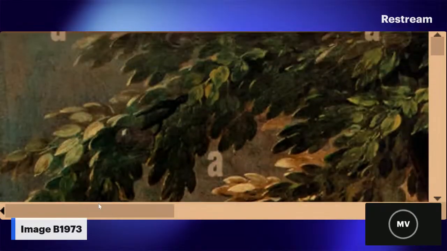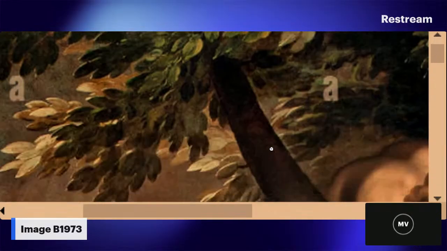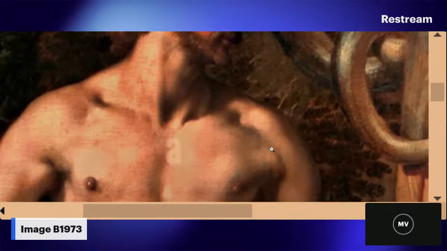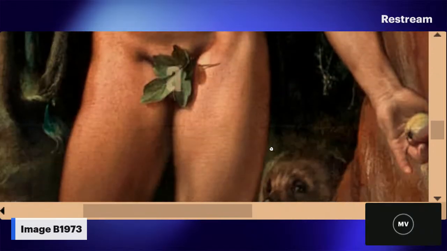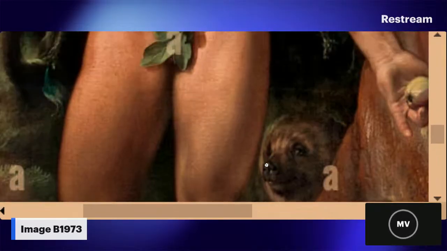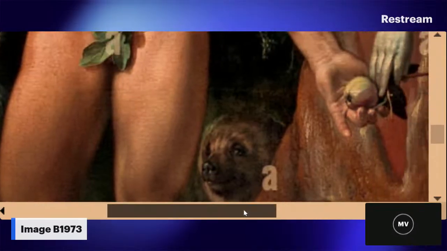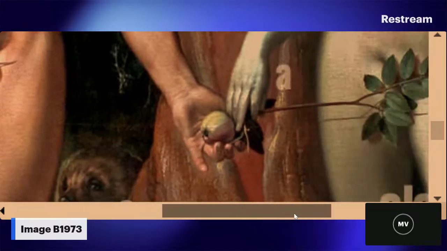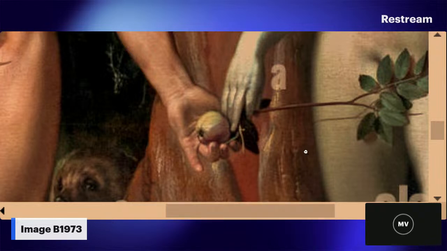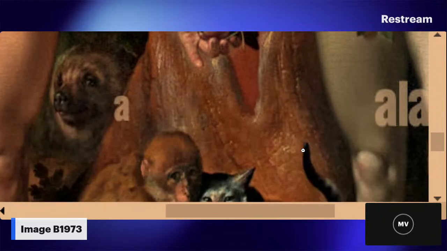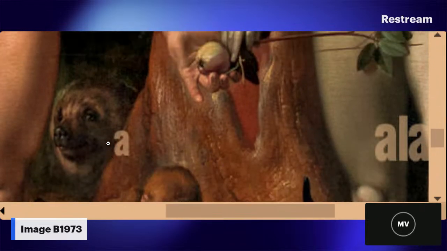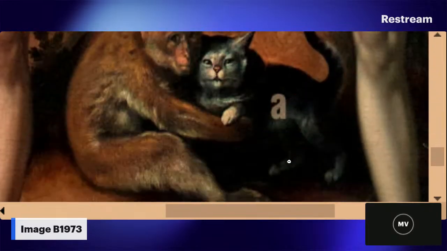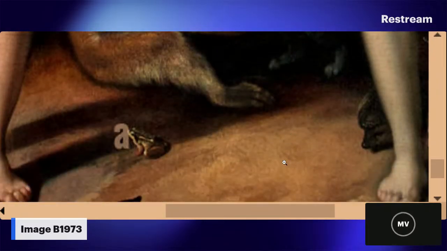Thought we needed the close up of all that, right? What's he holding in his hand there? The apple. There's the apple. That animal, I don't know what that one is on the left there. Yeah, and there's a frog.